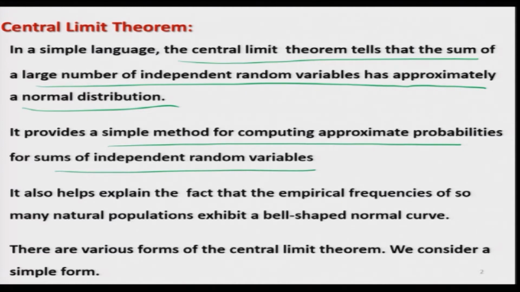You can recall that at a couple of places I showed you that if two random variables are independent, then their sum also has a probability mass function or probability density function with some specific parameters. If you want to find probabilities of their sum, you first have to compute the joint probability density function of the random variable x1 plus x2, and then find the probabilities from there, which is many times difficult.